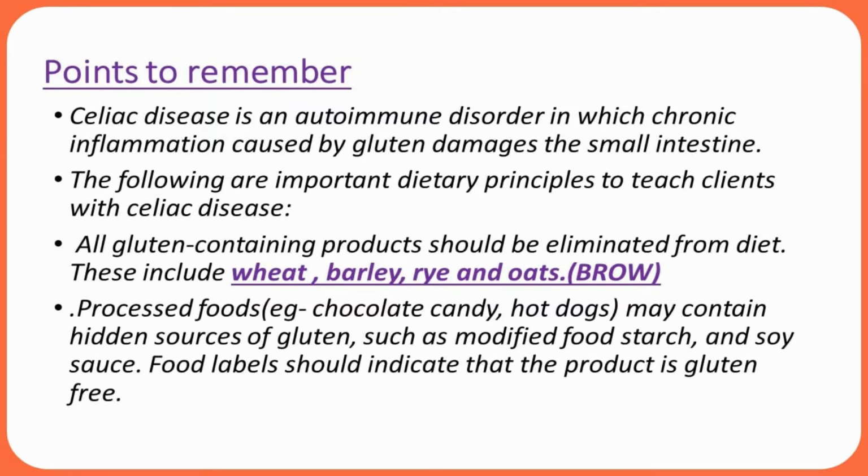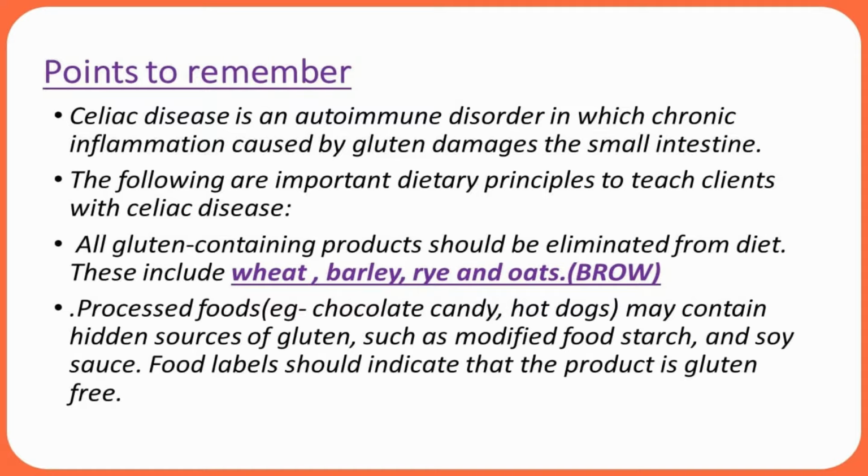Before discussing the options, I just want to let you know one thing. The easy way to remember which are the gluten-free diets or which things should be avoided is a shortcut called BRO. B means barley, R means rye, O means oats and W is wheat. So these 4 items are the gluten-containing products.